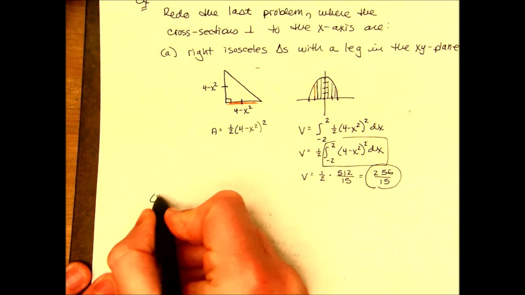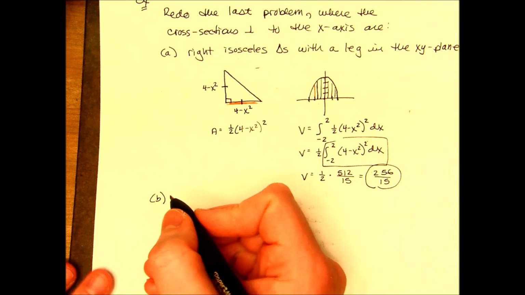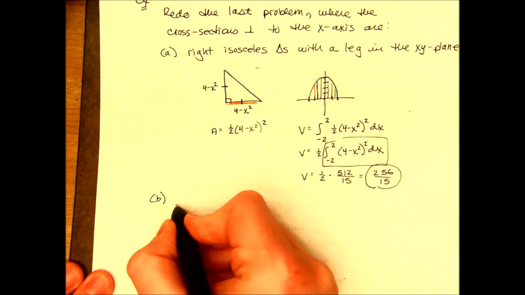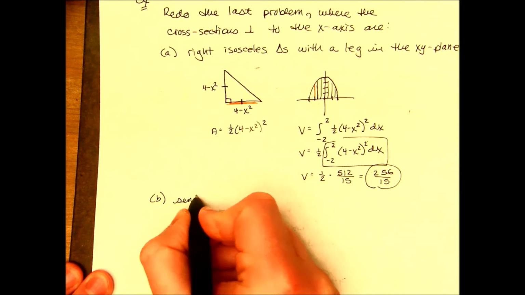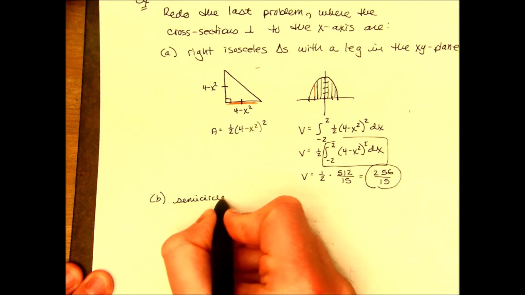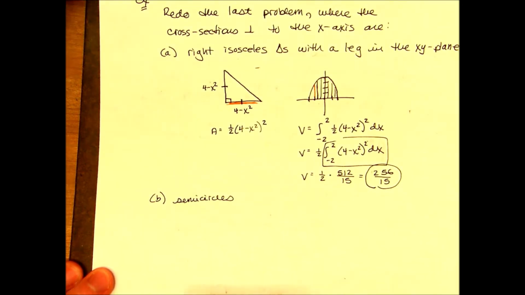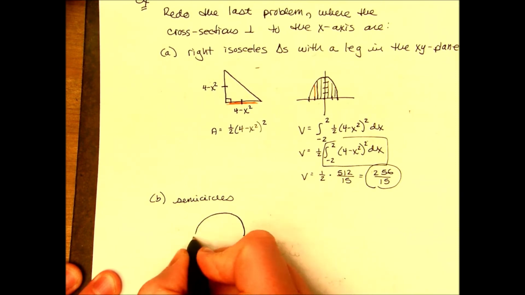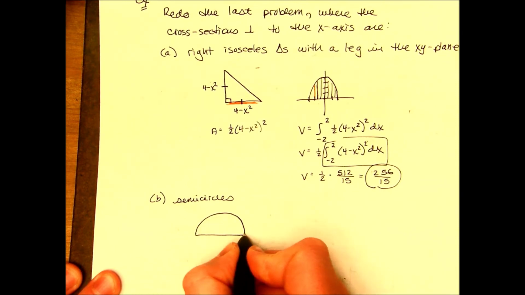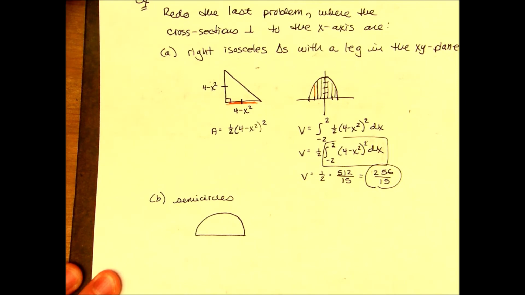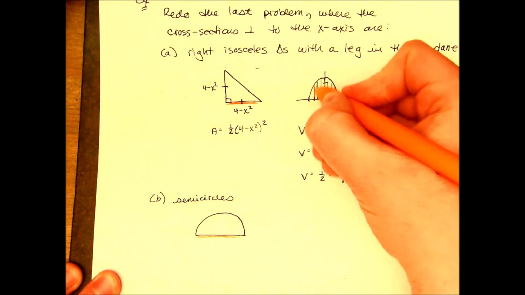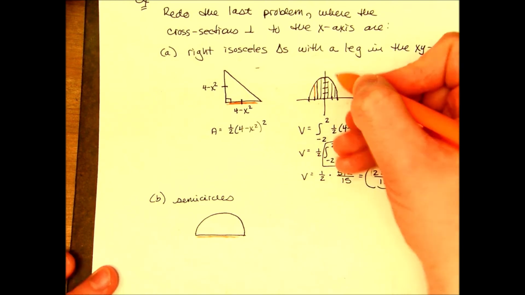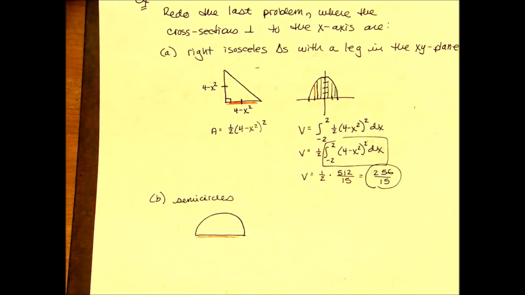Part B. What if we're dealing with cross-sections that are semicircles? I'm going to draw a semicircle over here. The base of my semicircle is one of those strips that we saw over there. Let's take a look at what this solid looks like.